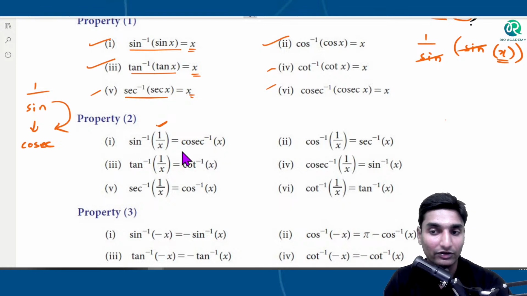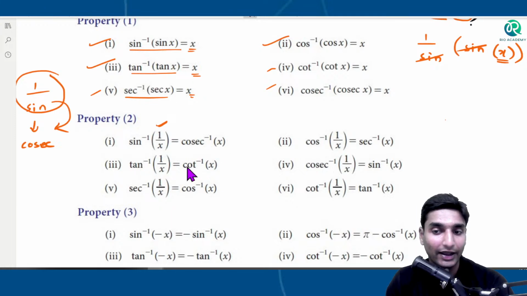See, sine inverse will turn out to be cosecant inverse. Even in the normal functions, the reciprocal of sine was cosecant. But whenever the functions change here, instead of the entire function being the reciprocal, only the values will turn out to be in the reciprocal form. Sine inverse of 1 upon x. What is sine related to? Cosecant, and 1 upon x will remain x.